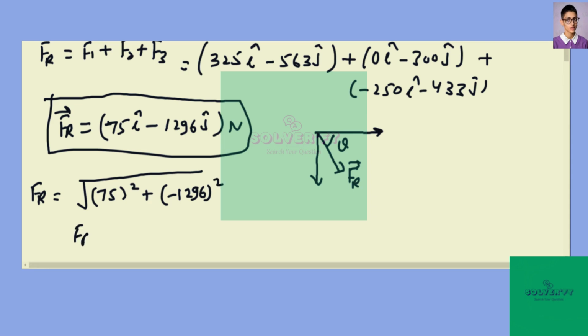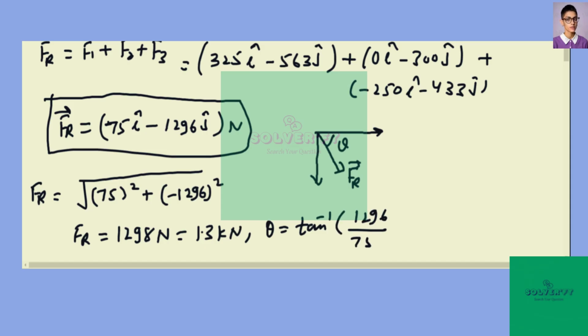When you solve it, this magnitude will be 1298 Newton or 1.3 kilonewton, and this angle theta will be tan inverse of 1296 divided by 75, which is approximately 86.7 degrees. So this is the answer for the net force.